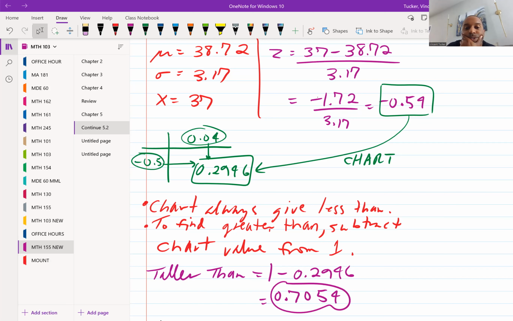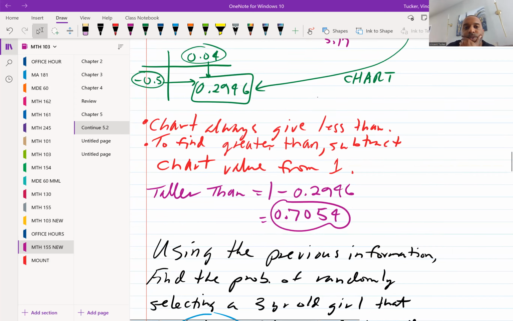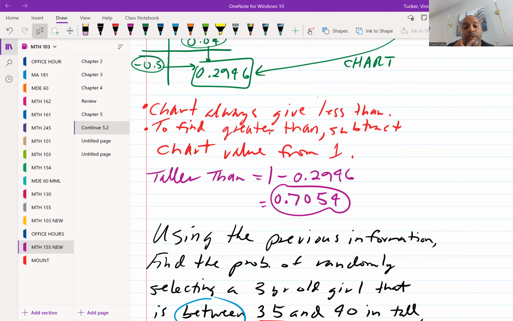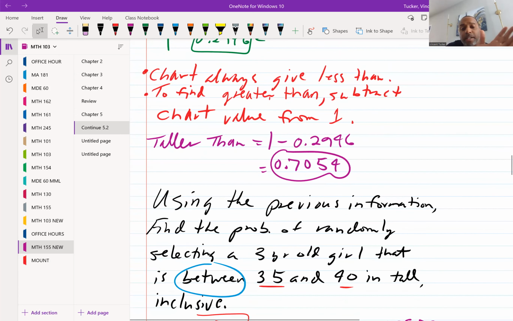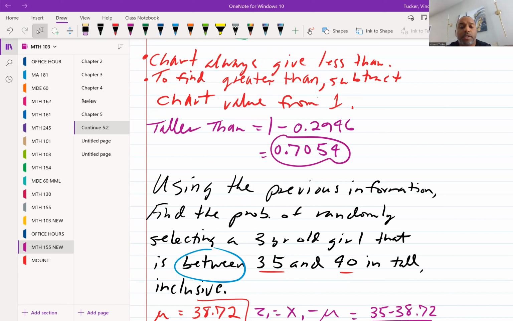All right, let's scroll up. So this is the last different type of scenario that you would see. So we had less than, greater than, and now we have between. So we're still using the same information. Find the probability of randomly selecting a 3-year-old girl that is between 35 and 40 inches tall.